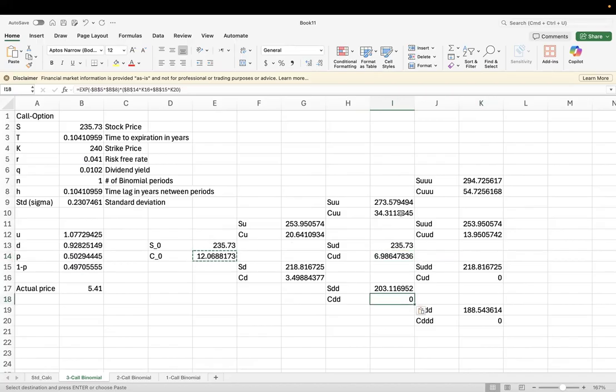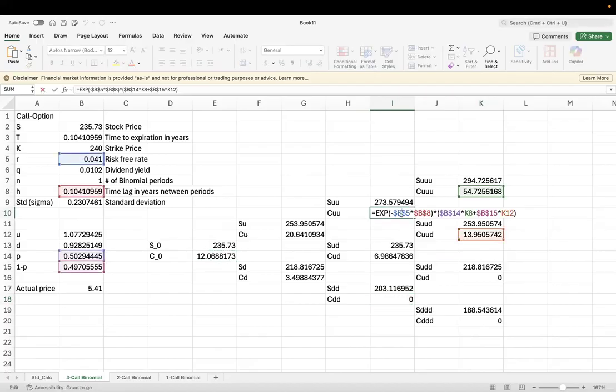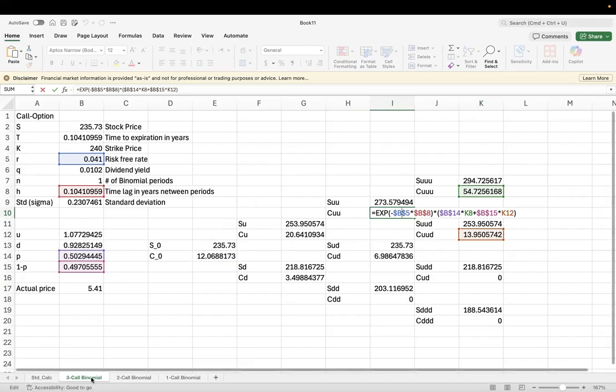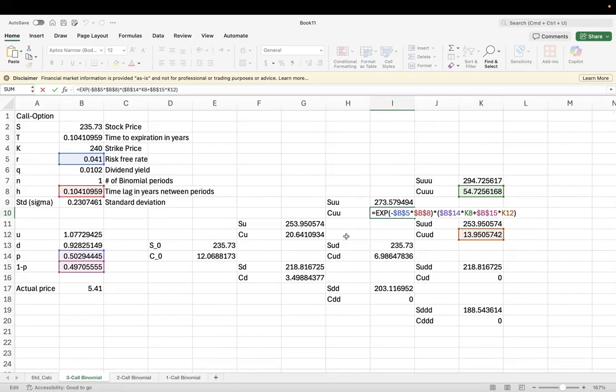Let me make sure that the formula is right. Yes, it says exponential of negative R times H. And then, oh, I made a mistake here. And also in the two-period call, we're gonna see what the problem is, but it's an easy fix.